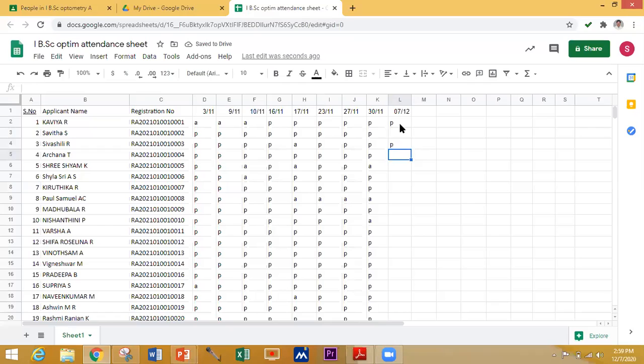Archana. She's here. Silestri. Present, sir. Ritika. Present, sir. Paul Samuel. Sir. Madhubala. Present, sir. Ishantini. Savita present, sir.